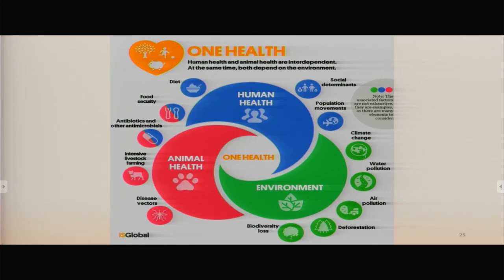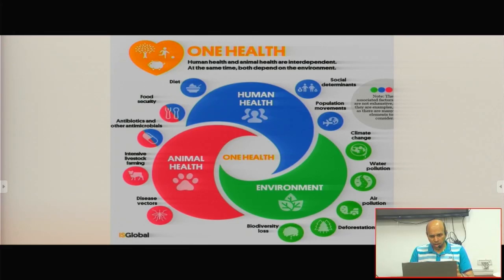So this is just a snapshot of everything, highlighting social determinants and other factors in the environment. For example, you can see climate change, water pollution, air pollution, deforestation, loss of biodiversity.